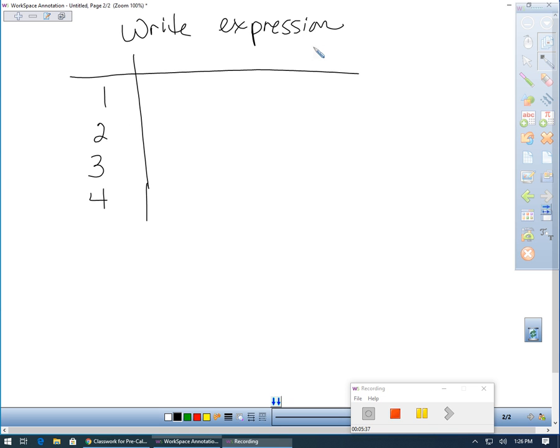Okay, and maybe on this side we have, let's go 8, 10, 12, and 14. All right. So to write our expression, step number 1 is you are going to subtract the right-hand column. And you always subtract the second one from the first one. Back in the day, we called these loops. Oh, yeah. Yeah, 10 minus 8 equals 2, right?